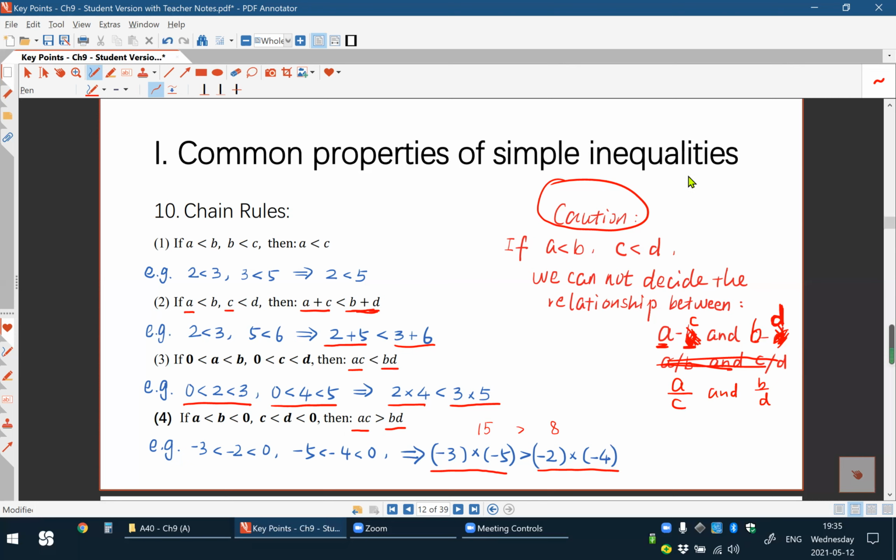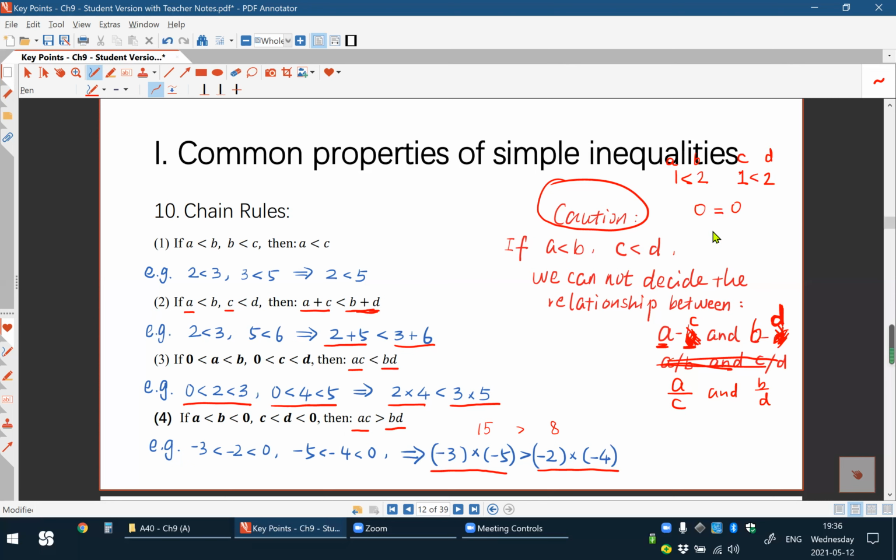Okay, for example, if we have 1 smaller than 2, and we also know that 1 is smaller than 2. So this is A, this is B, this is C, this is D. And A minus C would be 0, and B minus D would also be 0. So 0 is equal to 0. This is one case.